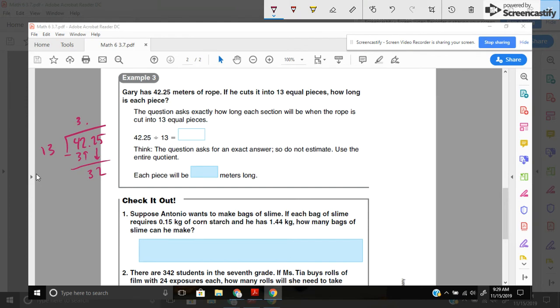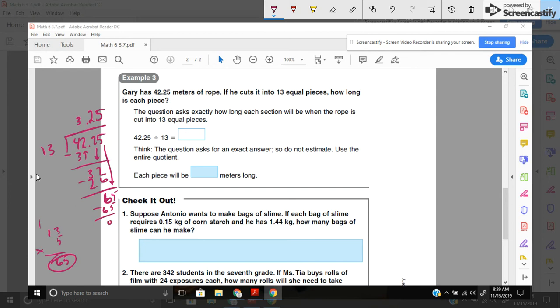Goes into 32 twice, which is 26. Subtract, I'd have 6, and bring down my 5. And 13 goes into 65 how many times? Let's guess about 5. And then let's see. 13 times 5. 15, carry my 1. 5, 6. Yep. Okay, I was right. So, which is 65, and I have nothing left.